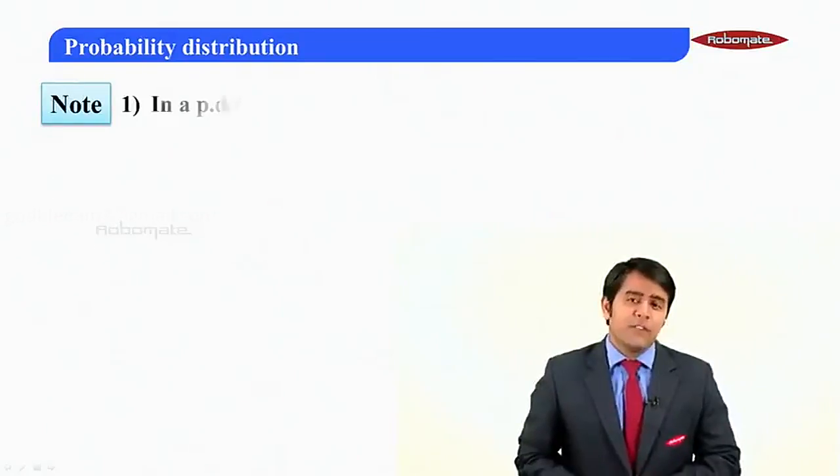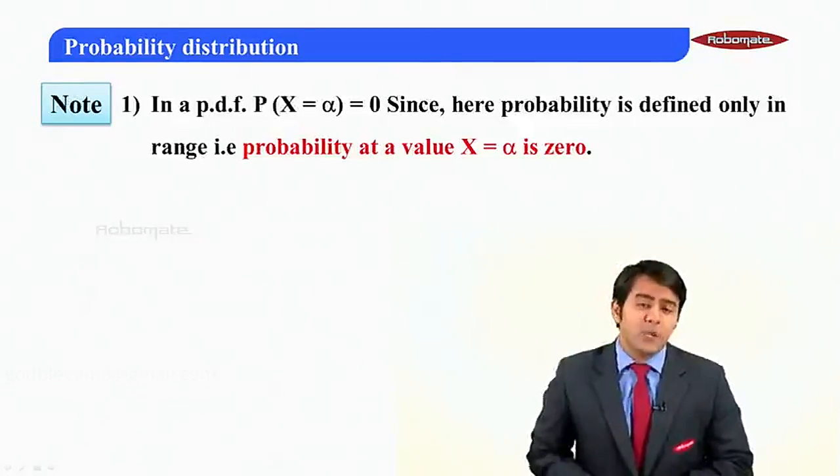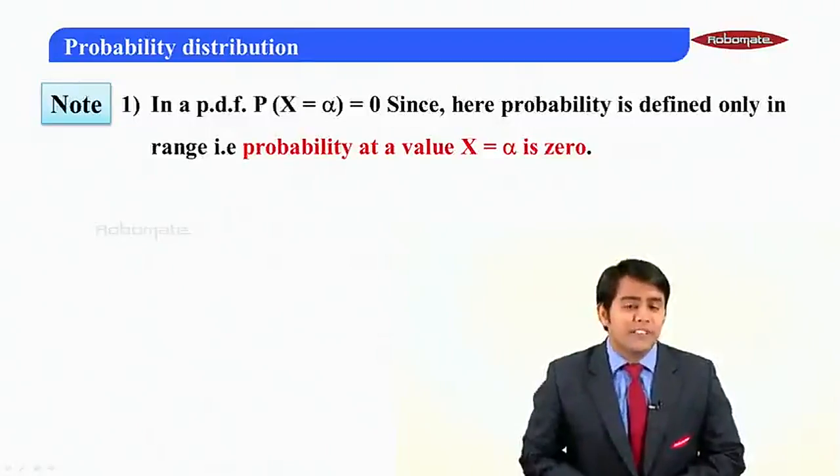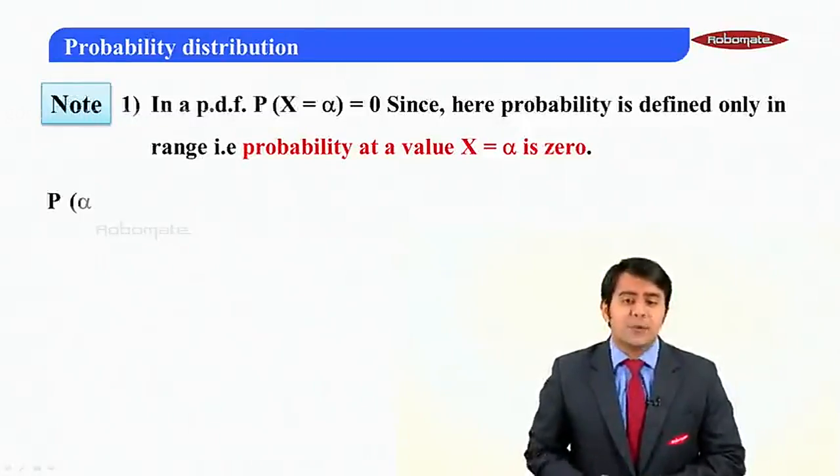Moving further, what we must note here is p of x equal to alpha is equal to 0. That is, probability for an isolated value of x is always 0.